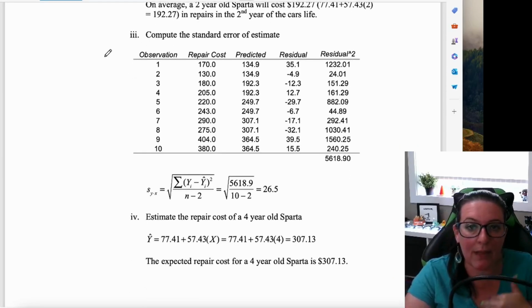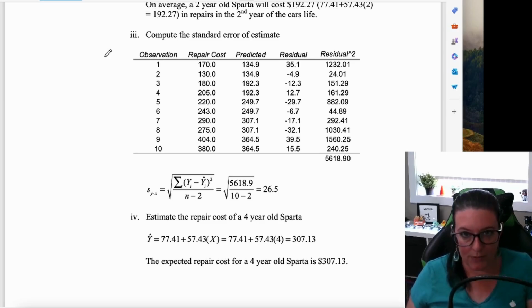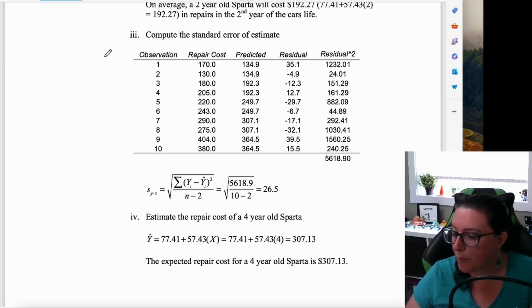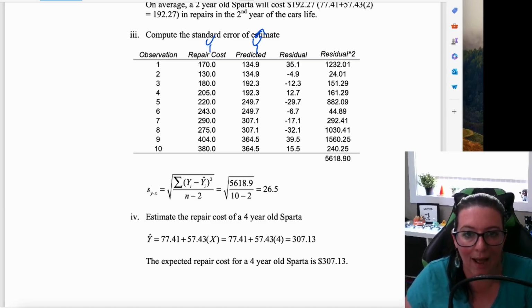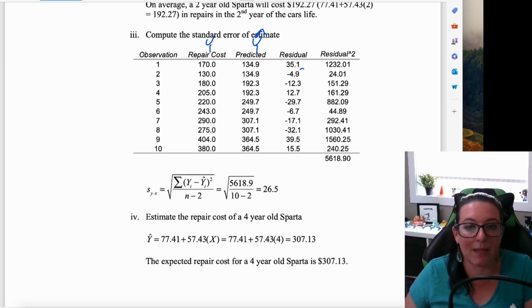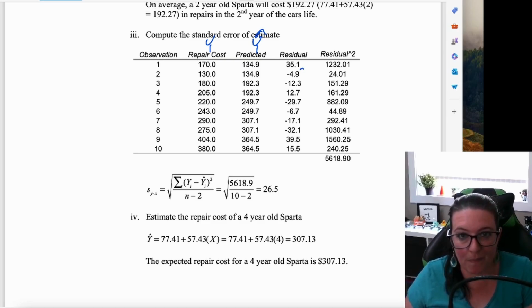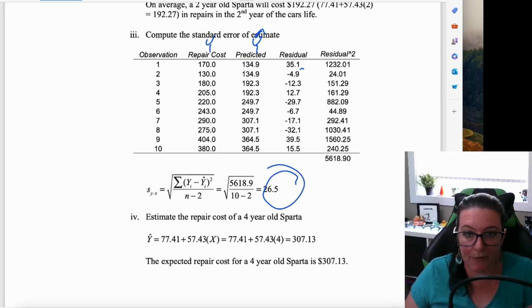Now, if we calculate the standard error of the estimate, we can then use that standard error to create these hypotheses. Generally, how would you calculate the standard error of an estimate? You would compare the predicted, that's the y hat, to the actual cost y, so y minus y hat, find the residual, square it, divide by n minus 2, and take the square root. In this case, the standard error of the estimate is 26.5.